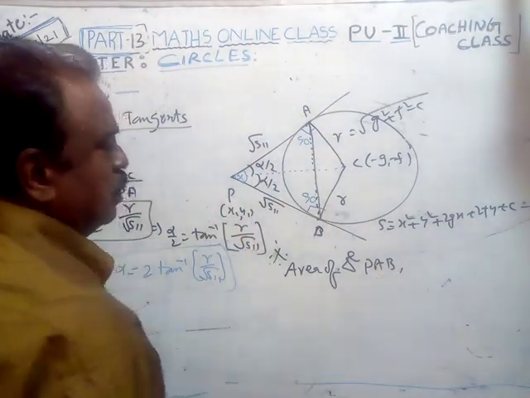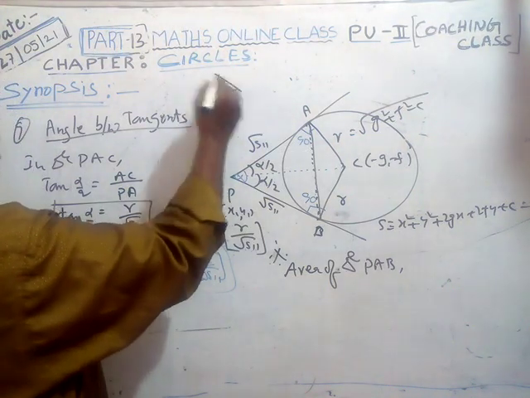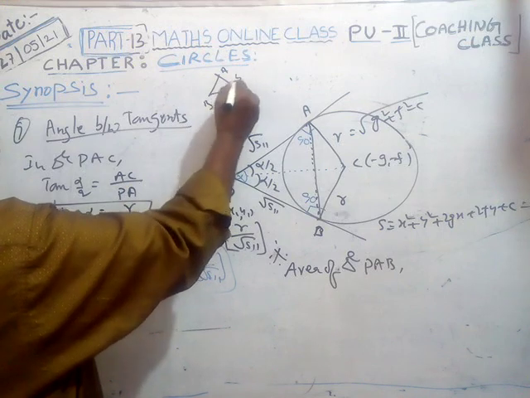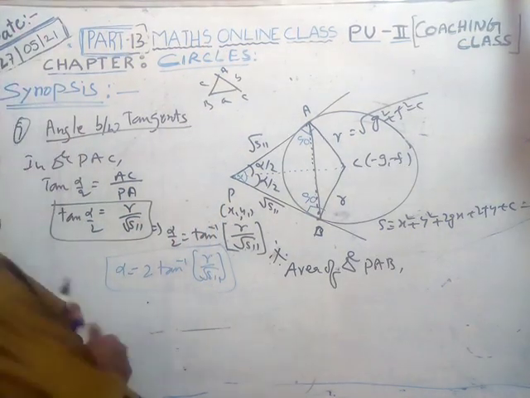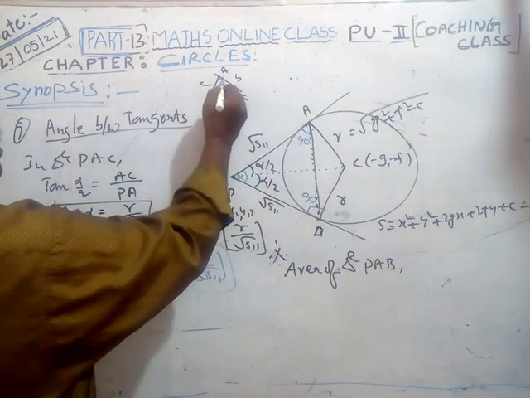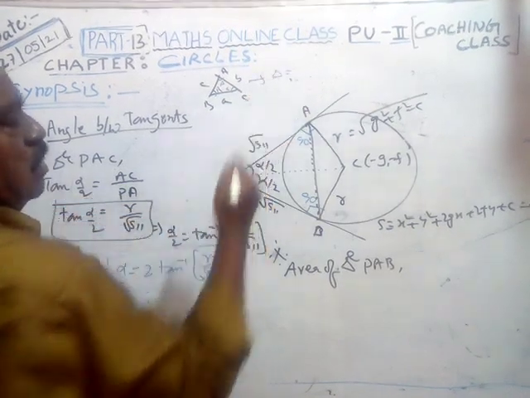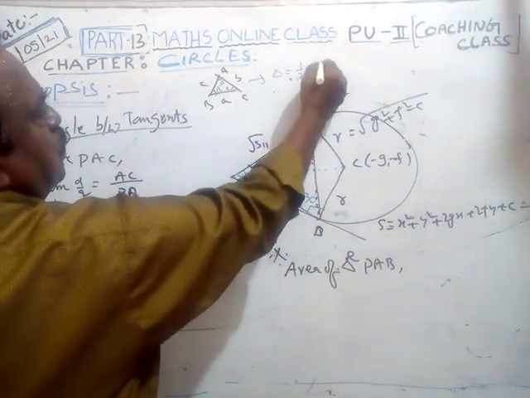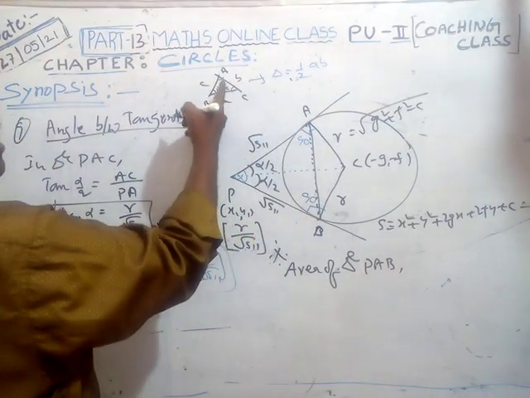There is a formula in trigonometry. For a triangle ABC with sides small a, small b, small c, and angles at vertex A, B, and C, delta, the area of the triangle, is 1 by 2 AB sin C, if you take the connected angle.